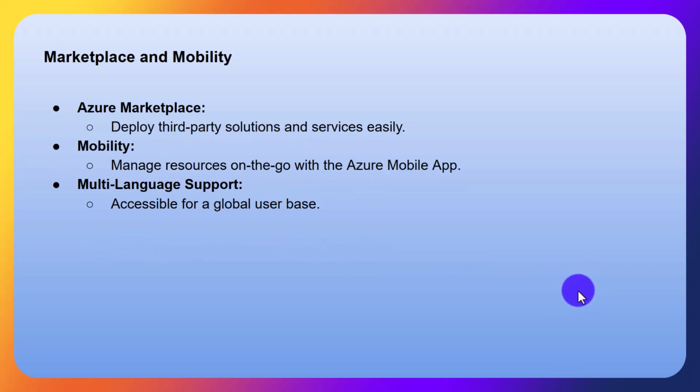Okay, so lastly, we have marketplace and mobility. So with your marketplace option, you could deploy even third-party applications from your Azure portal. So if you don't know the name, you don't have to run this command on your CLI or your PowerShell environment, but you could just go to the marketplace and select what you want.